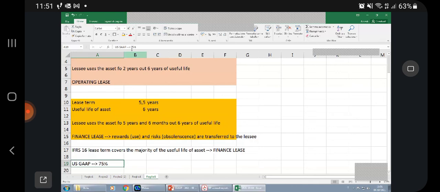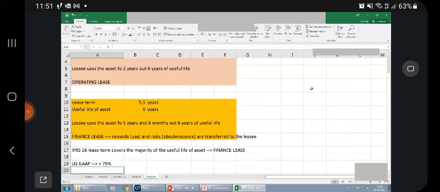Since the accounting treatment at the end is the same, a lot of IFRS companies use this 75% threshold to classify a lease as operating or finance, even if within the standard there is written majority.